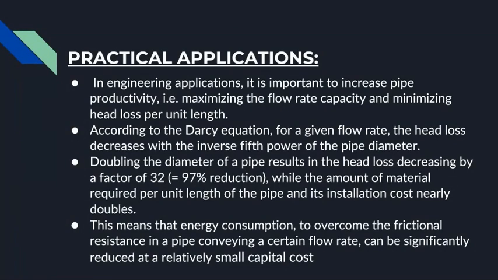Doubling the diameter of the pipe results in a head loss decreasing by a factor of 32. So the amount of material required per unit length of the pipe and its installation cost nearly double. This means that energy consumption to overcome the frictional resistance in a pipe conveying a certain flow rate can be significantly reduced at a relatively small capital cost.